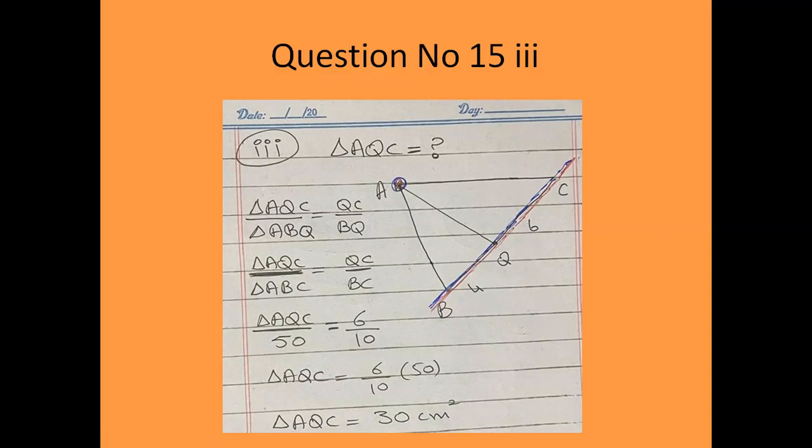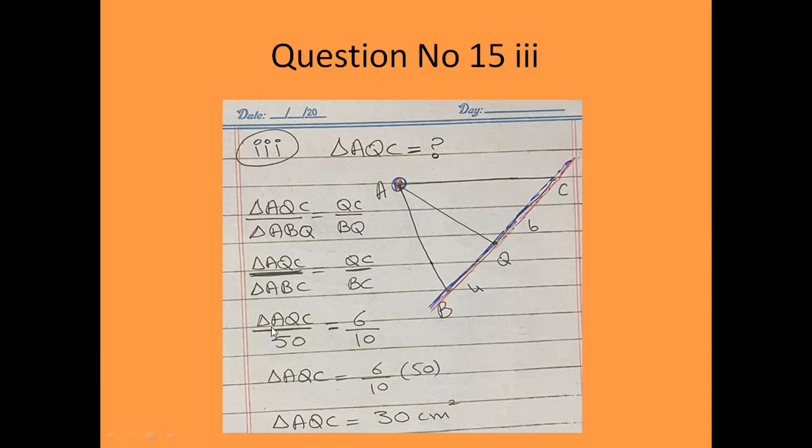Sorry, I think I made a mistake here. The triangle AQC divided by the triangle ABC will be QC divided by BC. Just ignore the earlier statement, okay?